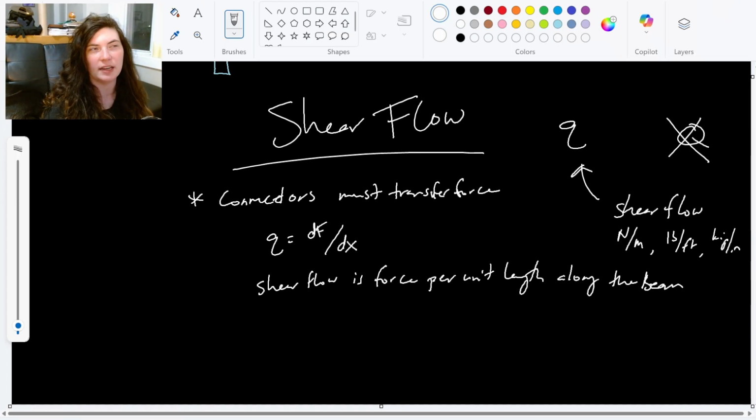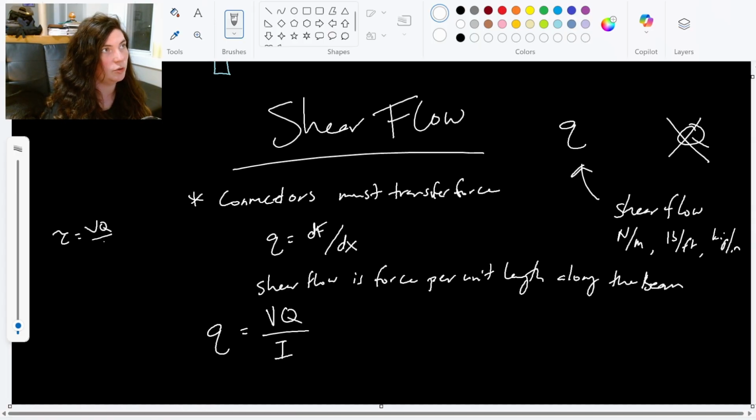And the way we calculate that is we kind of get two equations that work together to calculate this shear flow. So one is our shear flow equation, q, lowercase q, equals V, our shear force, times Q, uppercase Q, our first moment of area, over moment of inertia. Now you'll notice it looks a lot like our shear stress equation, right? Our shear stress equation was VQ over I times t.